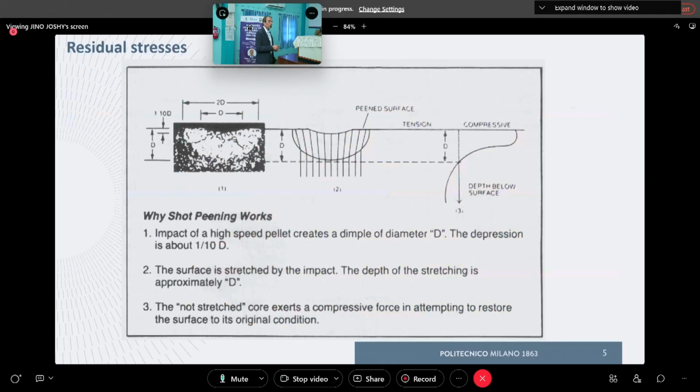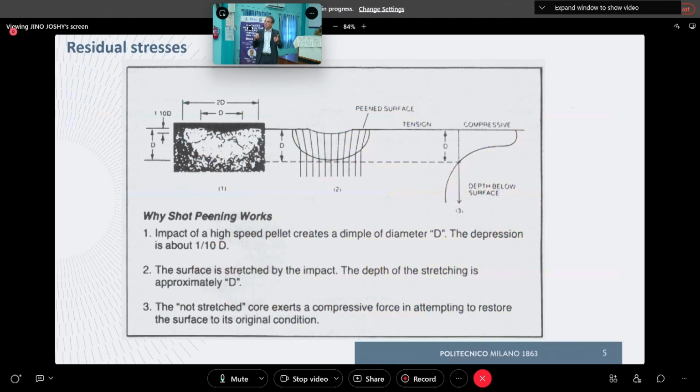Due to the plastic deformation, the surface layer of material, the material within the depth D, is stretched plastically.